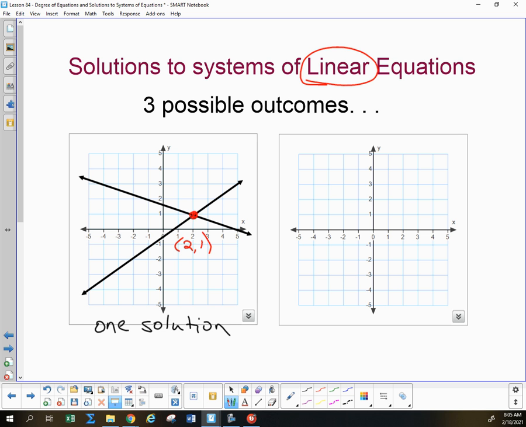Okay, if I have two equations for lines, do those lines always cross at a point? No. What else could happen? They could be parallel. Okay, so another thing that might happen is we might have some parallel lines.